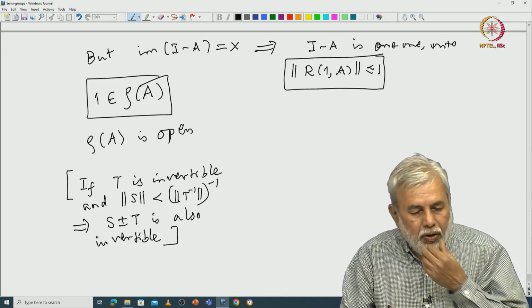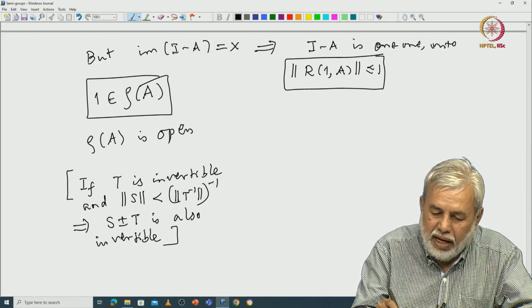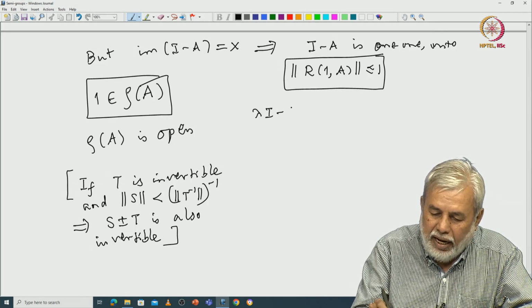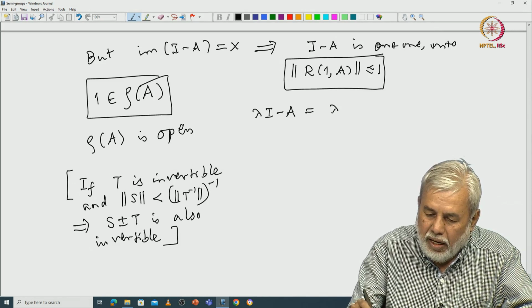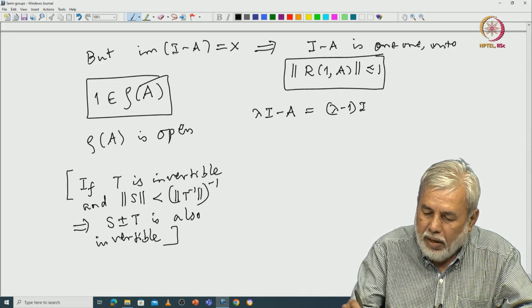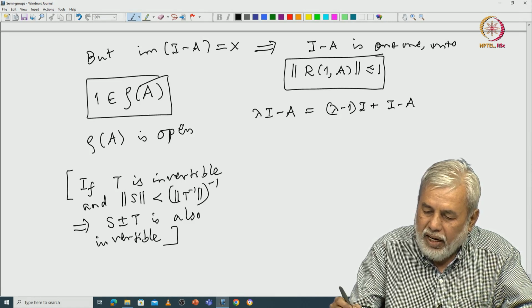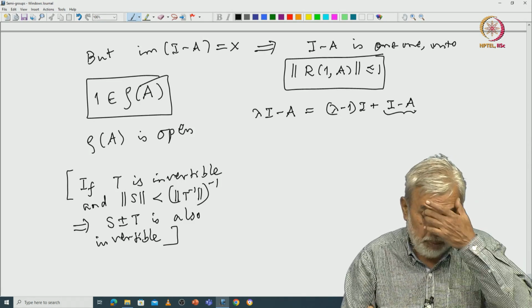From here, if you now take any lambda, you just write lambda I minus A as lambda minus 1 I plus I minus A. I know that this is invertible, as we have just proved.